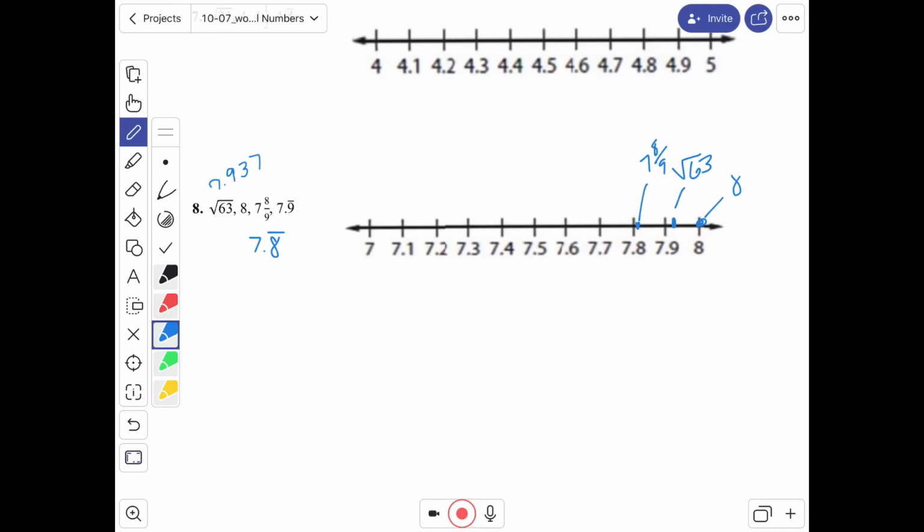And then 7 and 9 repeating would again be a little bit past. Would it be bigger than that one? Yes. So we want to put it in between the square root of 63 and this 8.